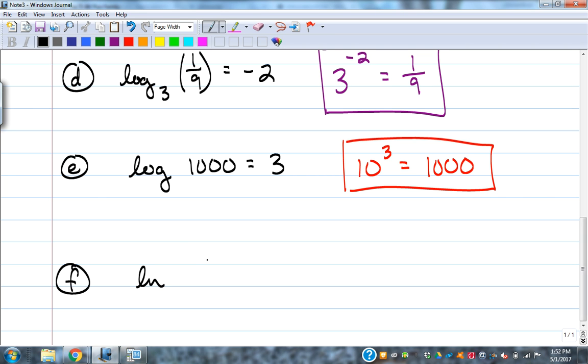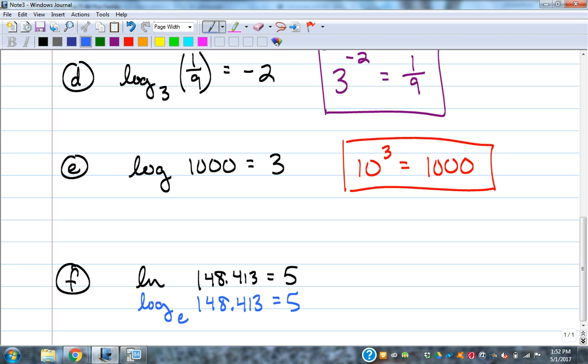LN of 148.413 equals 5. The natural log is log base E, and E is the exponential number. E to the first power is like 2.718 something. It's a decimal.